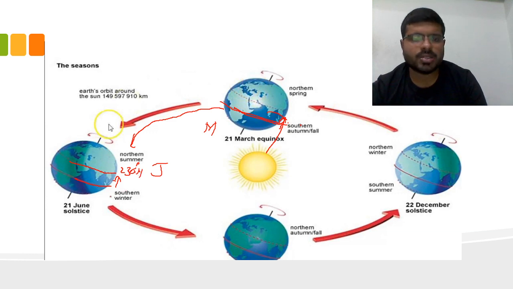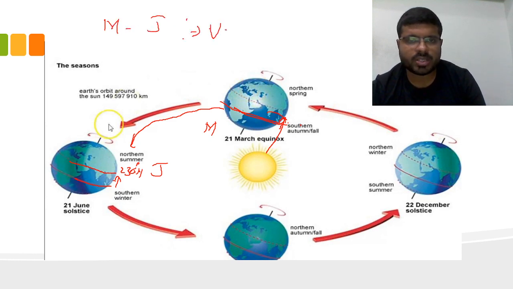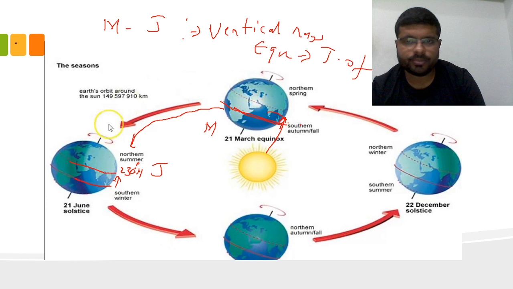From March to June, the vertical rays of the sun are moving from the equator to the Tropic of Cancer.